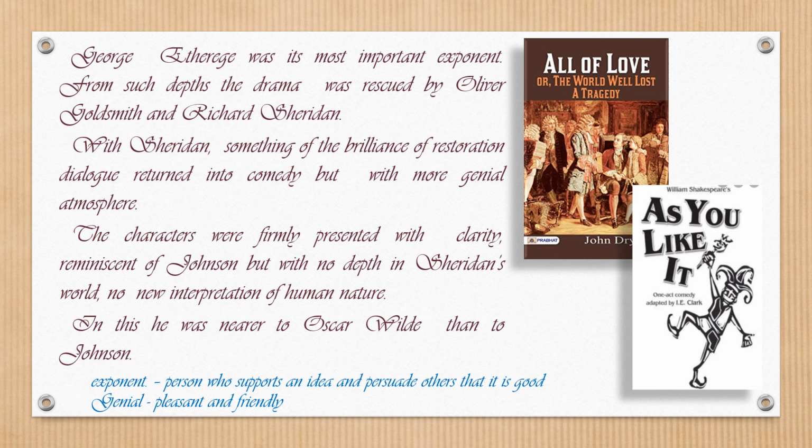Richard Sheridan had a brilliant style of writing, and he brought dialogue back into comedy, and he did this in a very friendly way. The characters that he placed in his drama were firm and clear, because Sheridan had a new interpretive style of human nature. So his style of writing was nearer to Oscar Wilde than to Jonson.